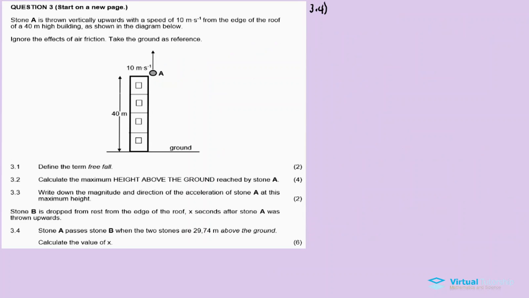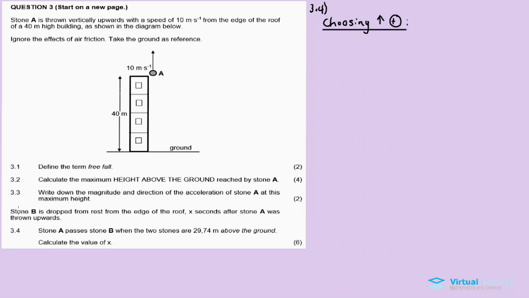Okay, now 3.4, let us start by choosing a direction. Let us choose up as positive, so everything going down is negative, right?